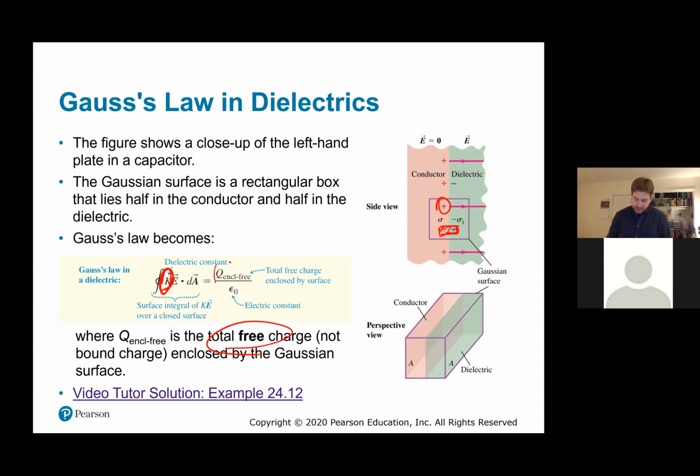Why is Q less? Well, because the dielectric is binding. How much less?